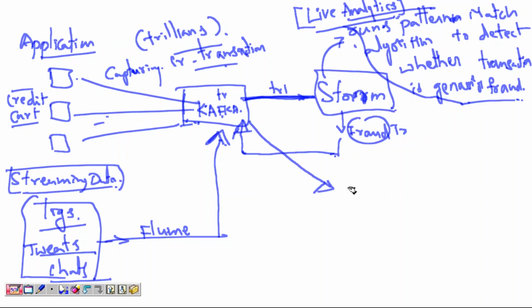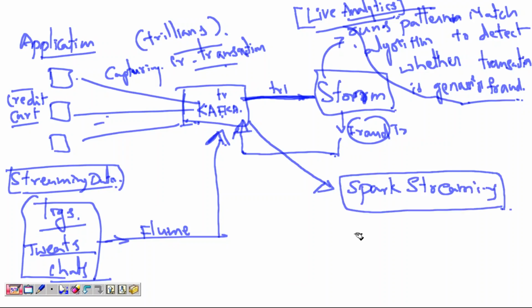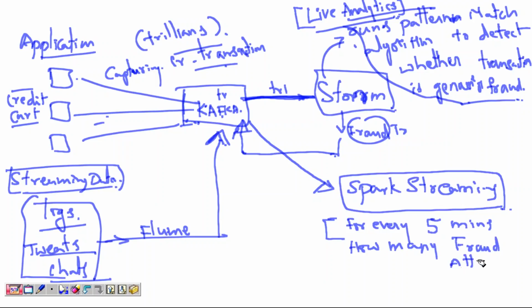And later, from this Kafka, here I am keeping Spark streaming. Here what I perform is, for every 5 minutes, how many fraud attempts are happening from different places.